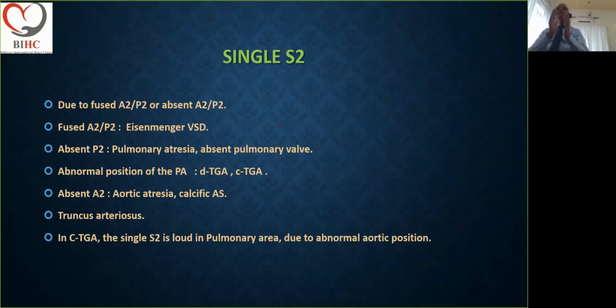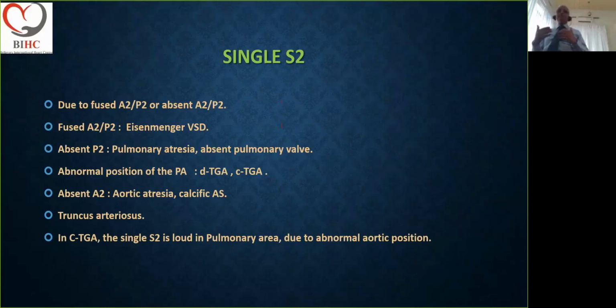You know, think of the conditions where they are fused. An Eisenmenger VSD: both the systemic and pulmonary vascular resistances are similar, and the closure of A2 and P2 occur simultaneously.